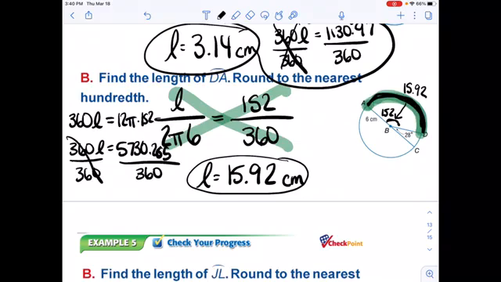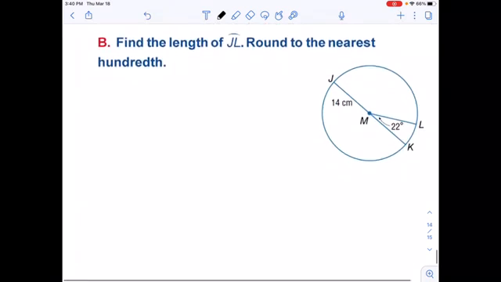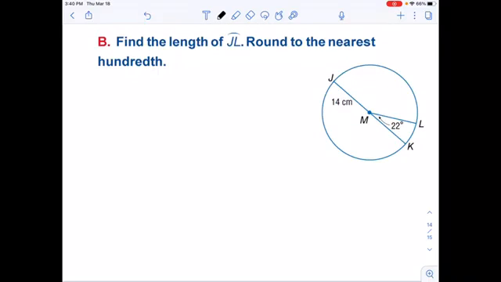So if you had an actual circular object and you were trying to find how long this part of it was, you could use this math to find it. And lastly, find the length of JL, round to the nearest hundredth.